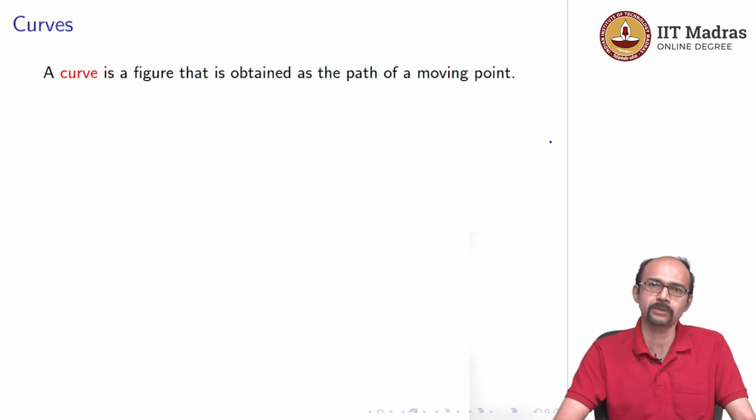If you have a point which is moving either in your plane or in R3, which is your space, you think of an aeroplane flying or a bee flying, or let's say the motion of a cricket ball when it's bowled by a bowler, or when the ball is hit by the batsman, or the movement of a figure skater. Whatever movement you can think of, the path of that movement you can think of as a curve.